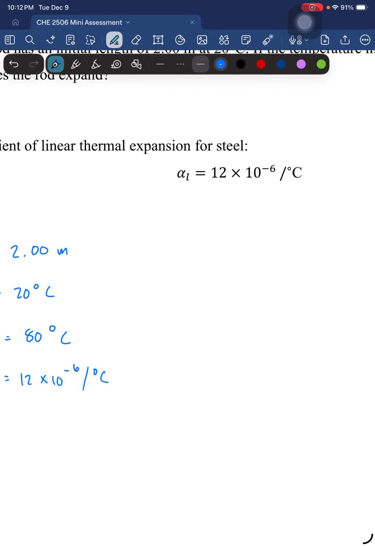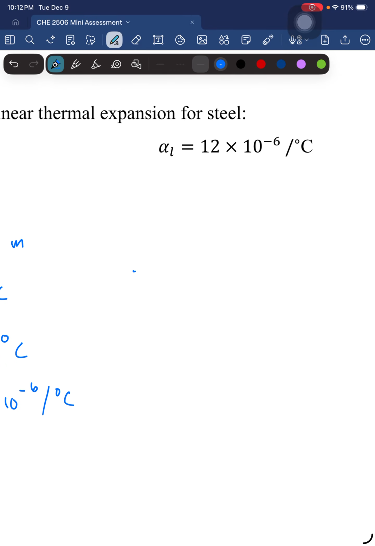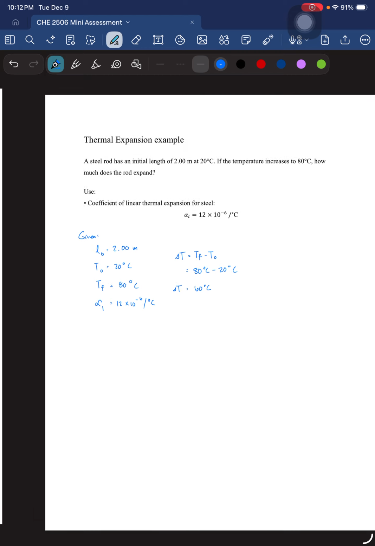And let's calculate the change in T as well. So final minus initial, that's 80 degrees minus 20 degrees. So our change in temperature is 60 degrees Celsius.